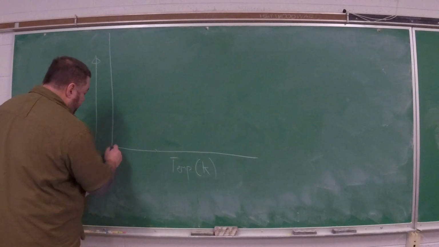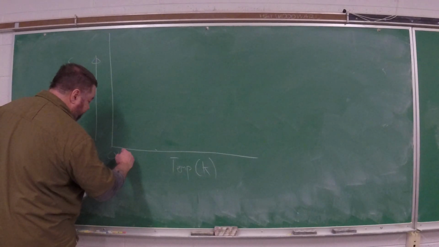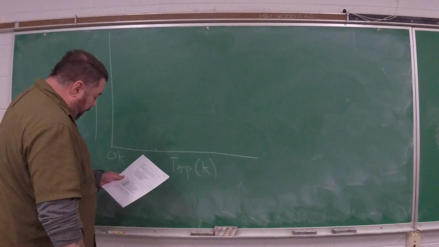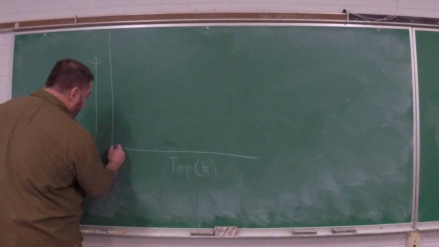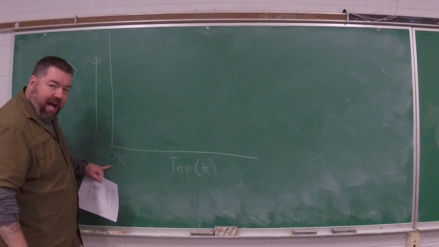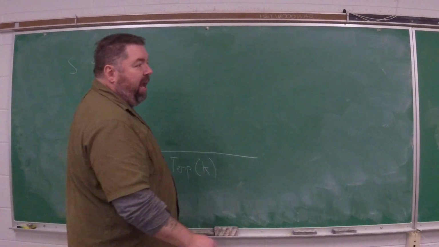So down here, we're at 0 for both. This is 0 Kelvin. We're going to have a crystalline solid at 0 Kelvin, and a crystalline solid at 0 Kelvin has 0 entropy.